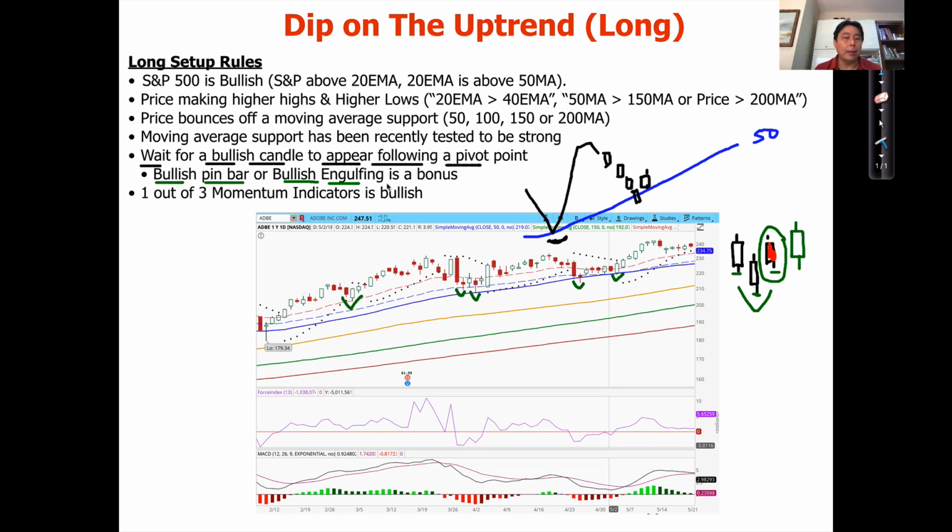Now, the other thing is we only want to go long when we have at least one out of the 3 momentum indicators flashing a bullish signal. Recall there are 3 indicators: the parabolic SAR, the force index, and the MACD. As long as one of them shows a bullish signal, that's good enough to go long. That tells you that the price is starting to move up after retracing.